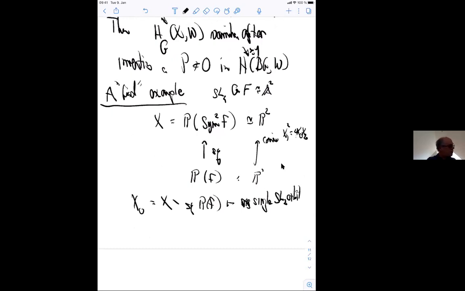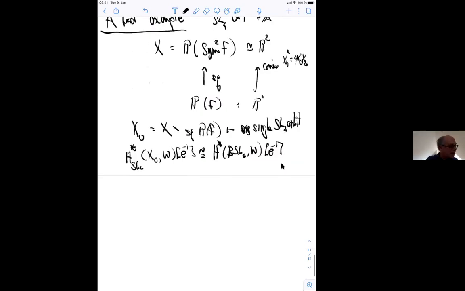But if you just compute, you get that the SL2 equivariant cohomology of this X0, where you invert this E, is actually isomorphic to the cohomology of BSL2 with E inverted. So you can't really do anything with this. You're never going to get rid of it. So that's a bad example.